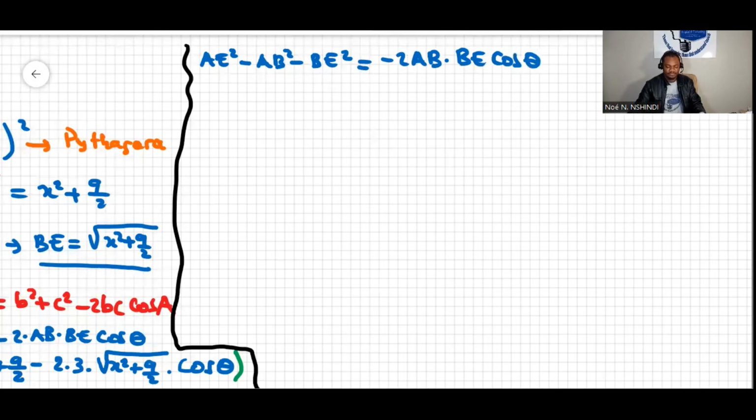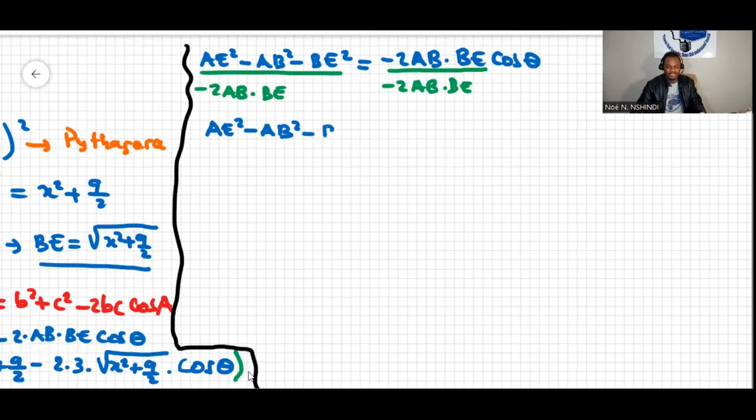We can divide both sides by negative 2AB times BE. I divide here also by negative 2AB times BE, and then this will be AE squared minus AB squared minus BE squared, all over negative 2AB times BE, equal to cos theta.